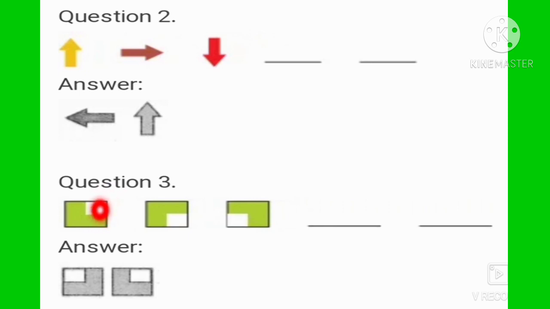In the next pattern, the third part is unshaded, and in the third square, the fourth part is not colored. So 2, 3, 4.